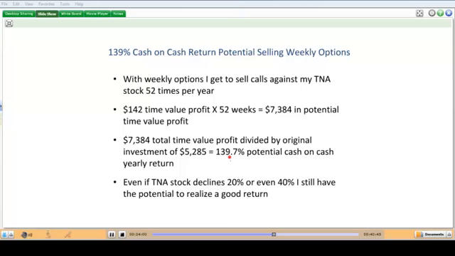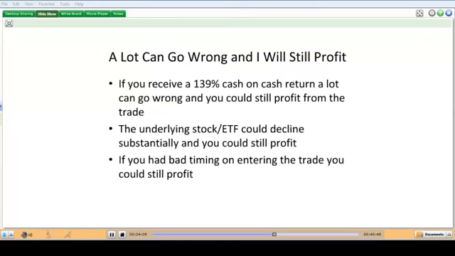So again, if you're collecting over 100% cash on cash return, the underlying stock or the ETF could decline substantially, and you would still profit. Even if you had bad timing on when you entered the trade, you could still profit. So by selling these weekly premiums, you eliminate a lot of the risk associated with trading, in that if you're wrong about the direction, you could still profit on the trade.